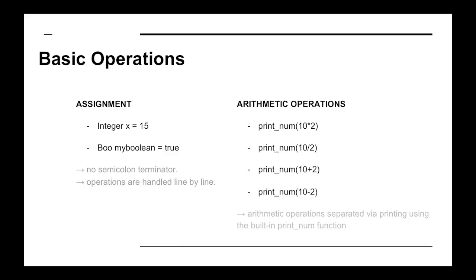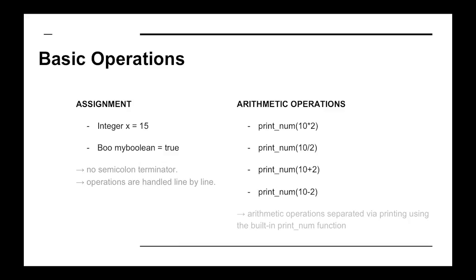Why don't we take a look at some of the basic operations that can be performed in OWL? For example, on the left-hand side, we can see some examples of an assignment statement. Not only does this statement do assignment, but this also does declaration. In order to declare and assign, let's say, an integer x to 15, we would need to write integer with a capital I, the variable name x, the equal sign, and then the number 15.